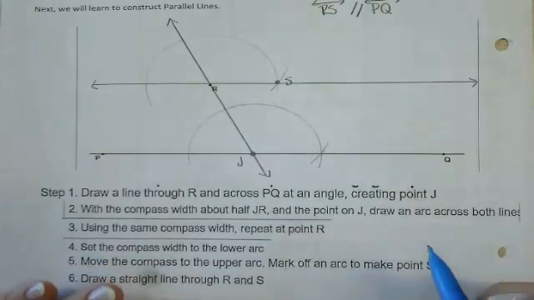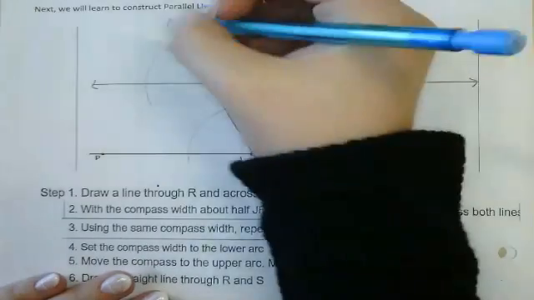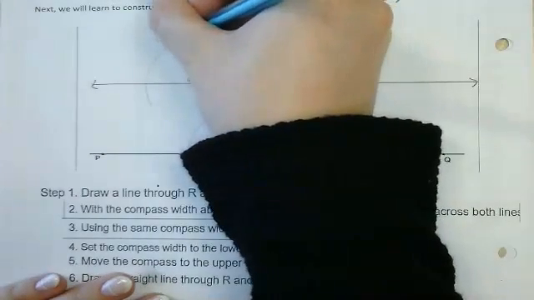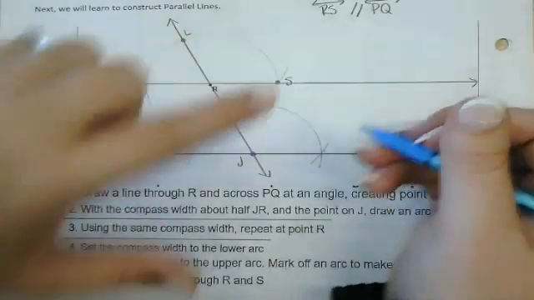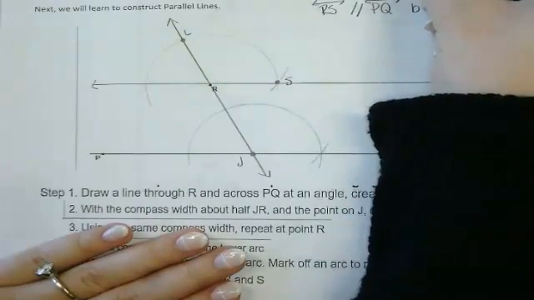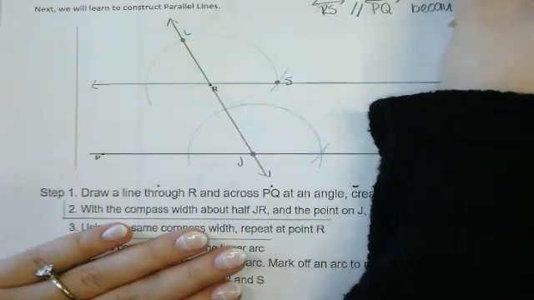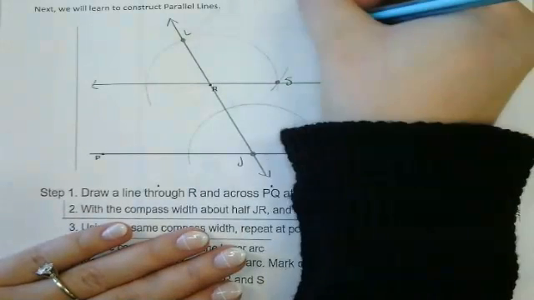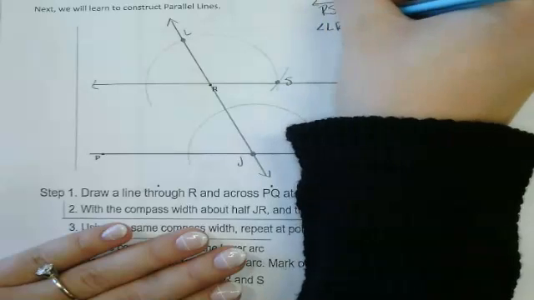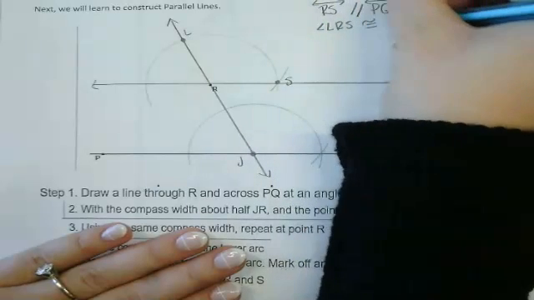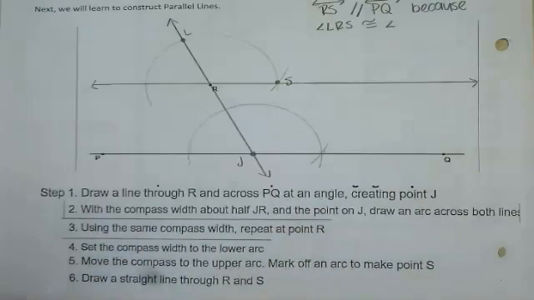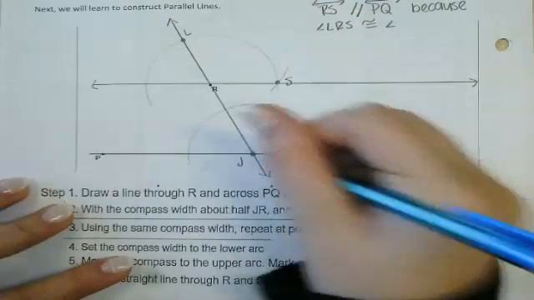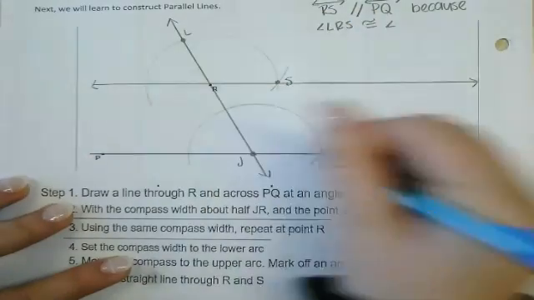And we know that because, well, for example, we could go ahead and give this point a name. We'll call it L. The angle LRS, so because angle LRS is congruent to angle RJQ, the one down here.